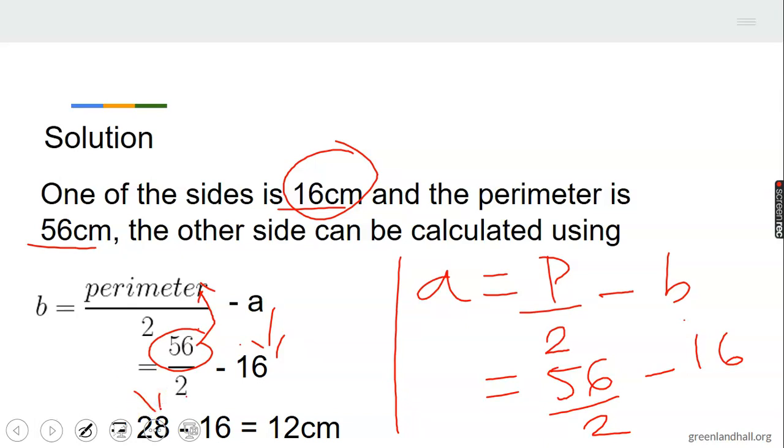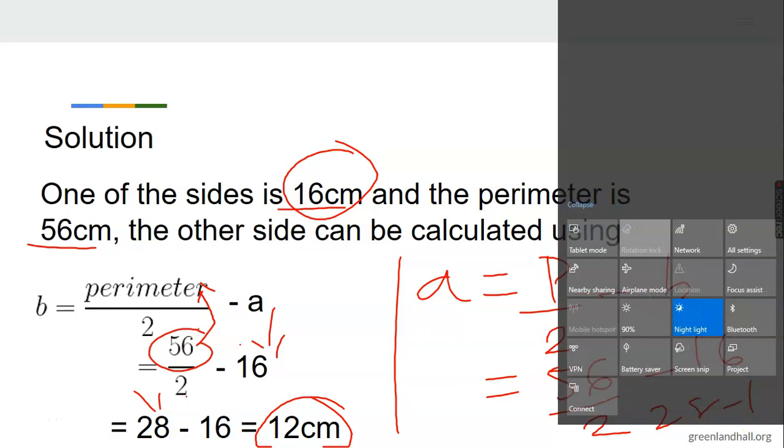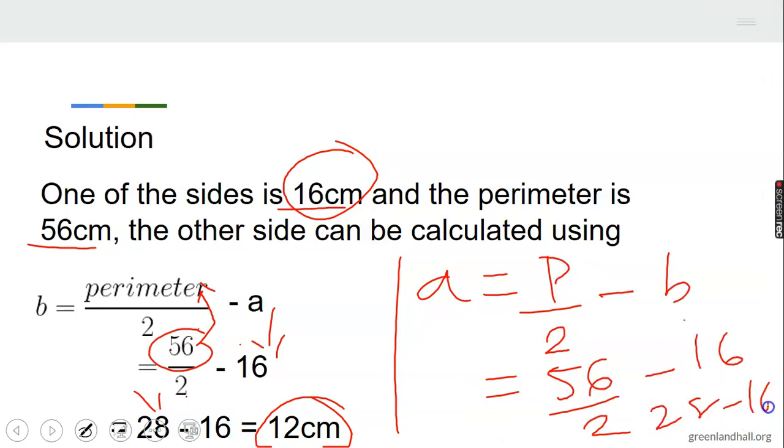Now, 28 minus 16 will be 12 centimeters. This also is 28 minus 16, which equals 12 centimeters.